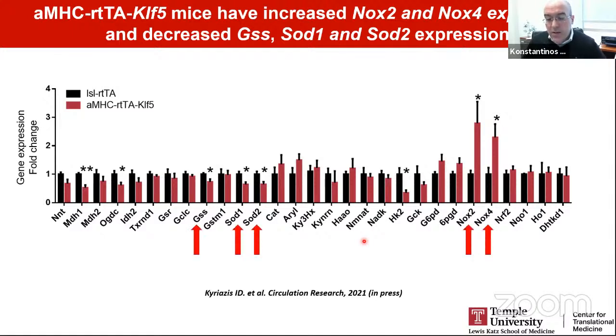The most striking findings were upregulation of NOX2 and NOX4, NADPH oxidase 2 and NADPH oxidase 4, and suppression of 3 different proteins that have an antioxidant effect.